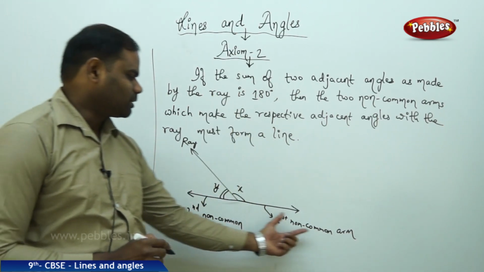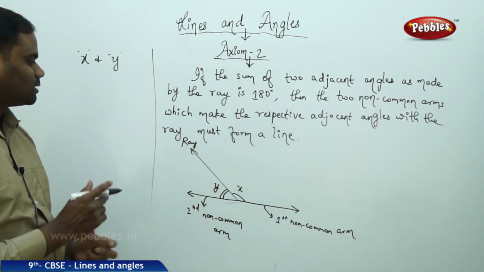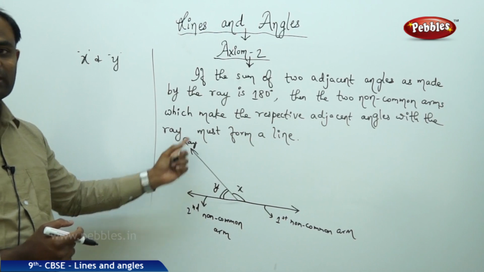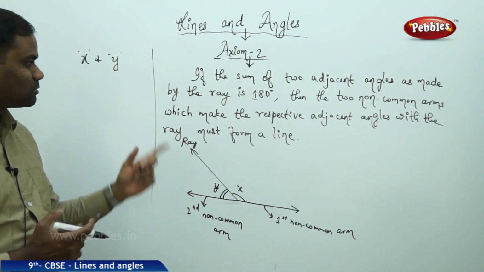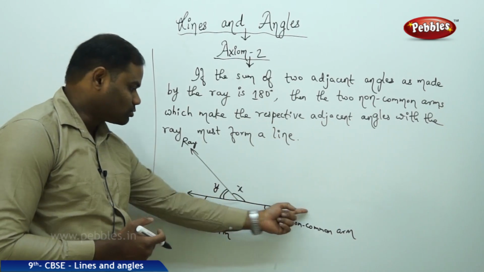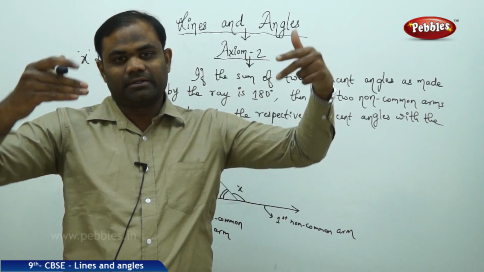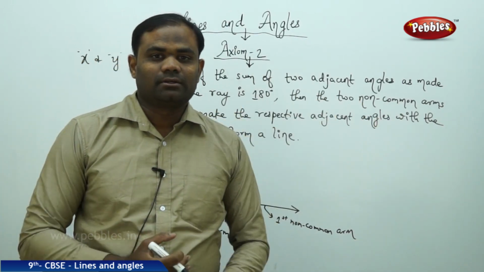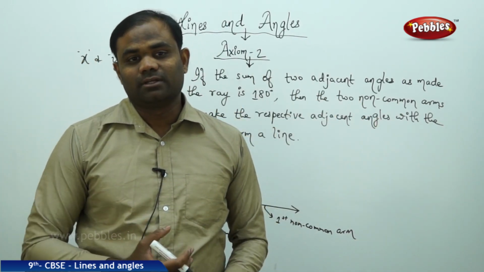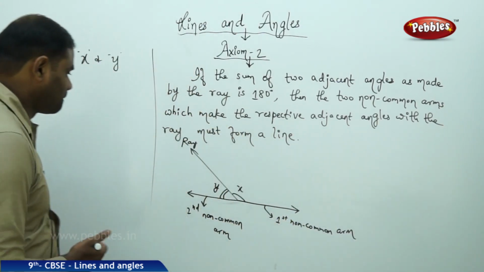So the first non-common arm makes an angle x with the ray, and the second non-common arm makes an angle y with the ray. Now axiom 2 states that in such a case where x and y are adjacent, these two non-common arms must form a straight line. They cannot be bent, they must be straight, or they form a straight line, is how the axiom number 2 states.